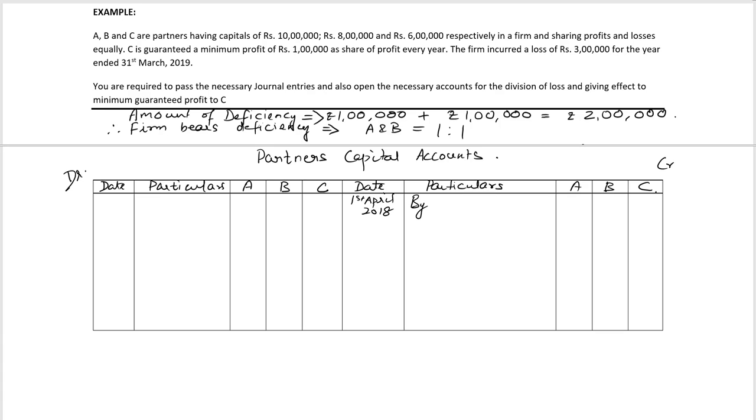By balance brought down. The balance of capital accounts of the partners, rupees 10 lakh, rupees 8 lakh and rupees 6 lakh.